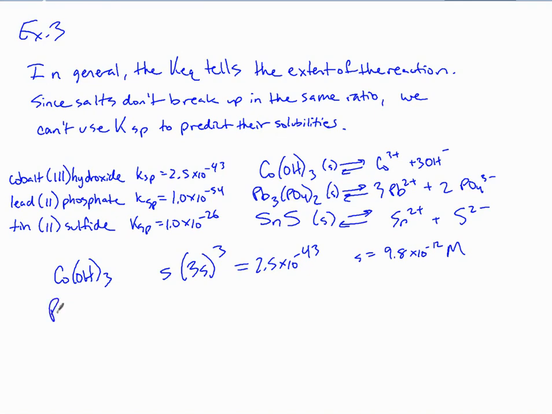And we do the same thing for these other ones. Pb3(PO4)2. So for the lead, it's going to be 3S to the 3rd power. We've got phosphate, which is 2S to the 2nd power. And the KSP, which is 1 times 10 to the negative 54.